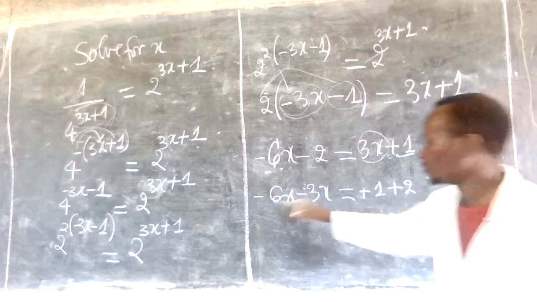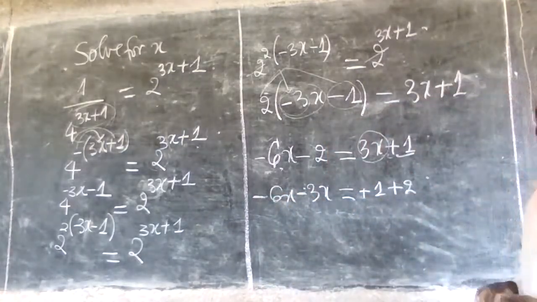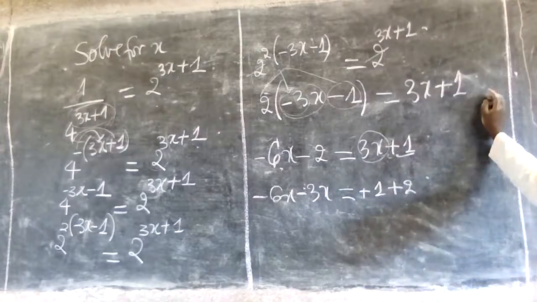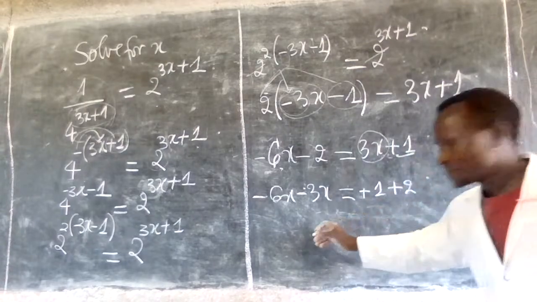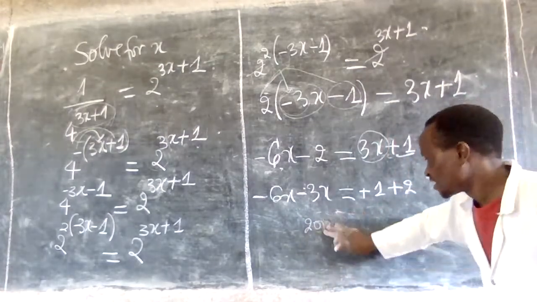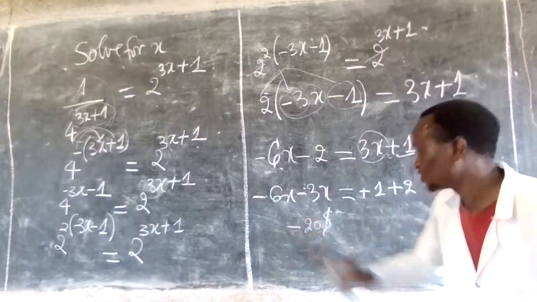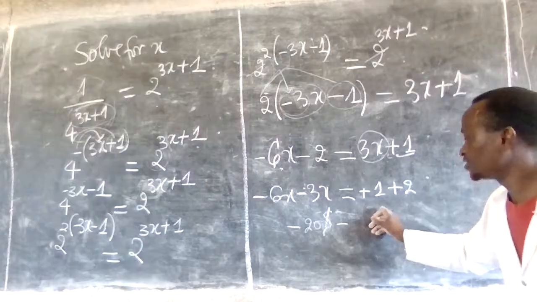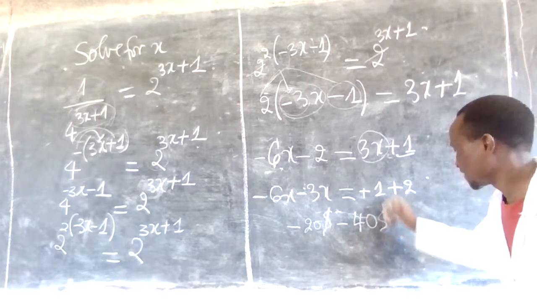Now here, I told you, if you have a loan, let me use a loan of dollars or francs, like $2, which is negative, and negative 40, like this.